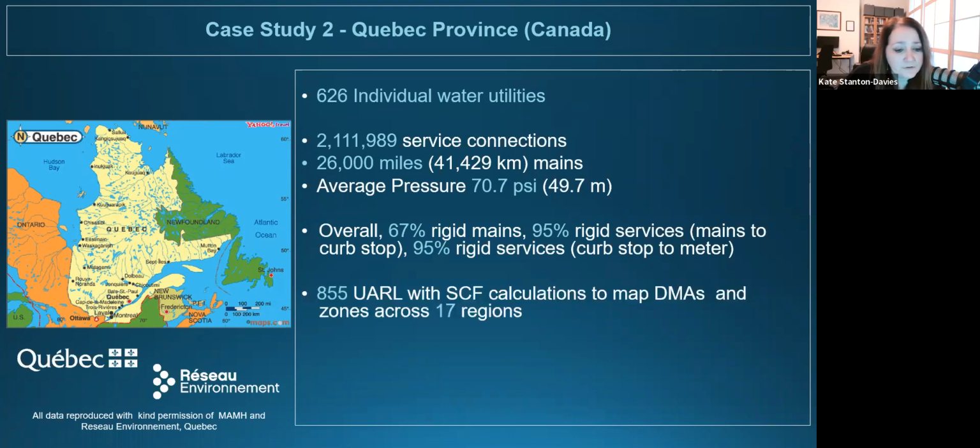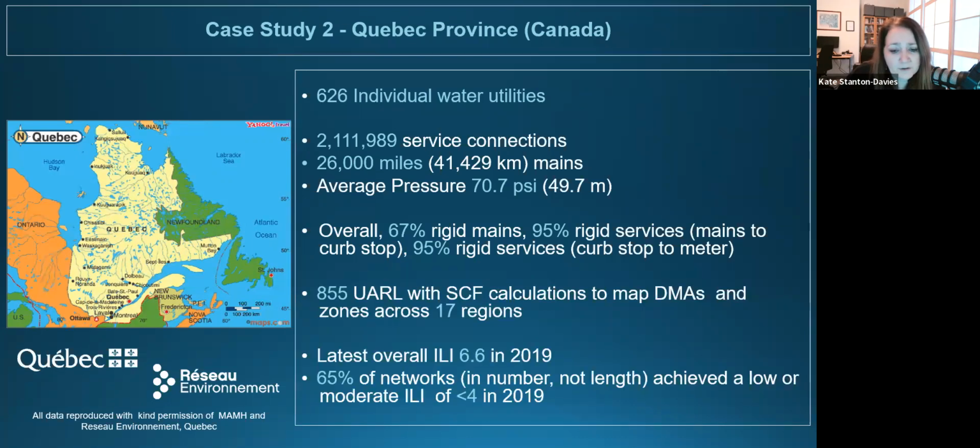In total, 855 UARL with SCF calculations were performed to map DMAs and zones across 17 regions of Quebec province. Quebec province overall, their latest published ILI was 6.6 in 2019, but 65% of the individual water utilities achieved a low or moderate ILI of less than 4 in 2019.